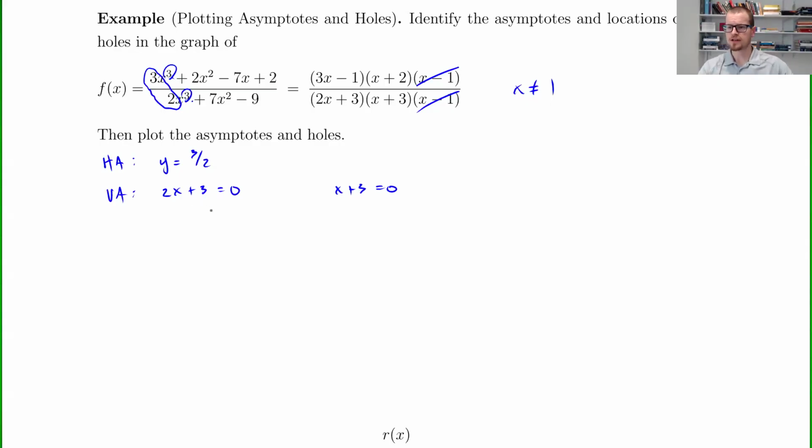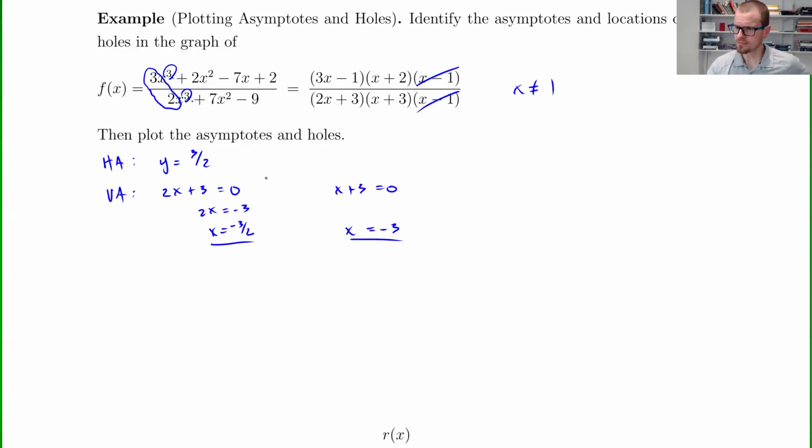For this factor, I can subtract 3 to get 2x is equal to negative 3, divide by 2 to get x is equal to negative 3/2 as our vertical asymptote. Subtract 3 over here to find x is equal to negative 3 as our vertical asymptote.